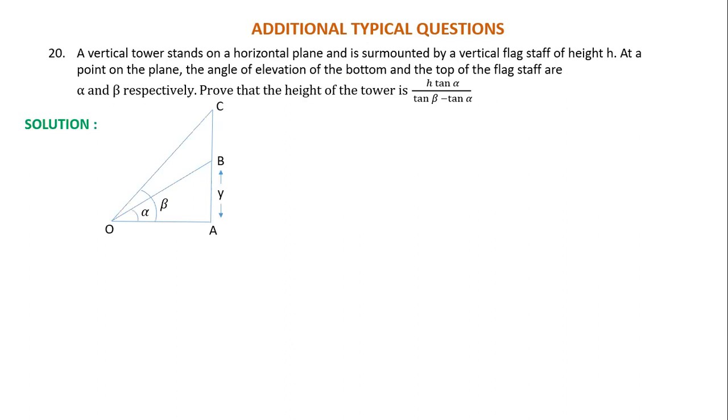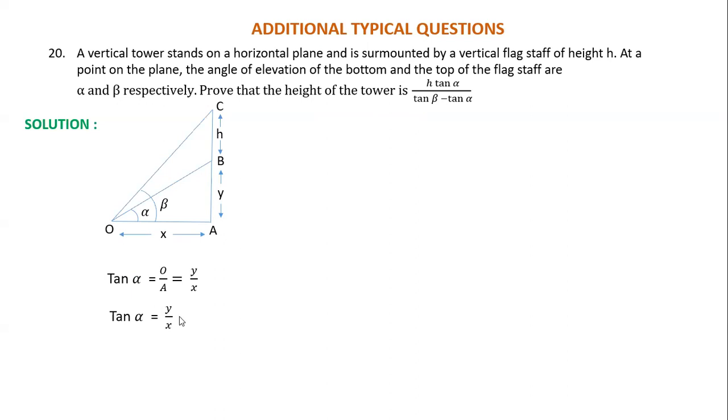Let the tower be y meters, the flagstaff h meters, and the distance between the point of observation and the foot of the tower be x meters. Tan alpha first. Tan alpha is equal to y upon x.